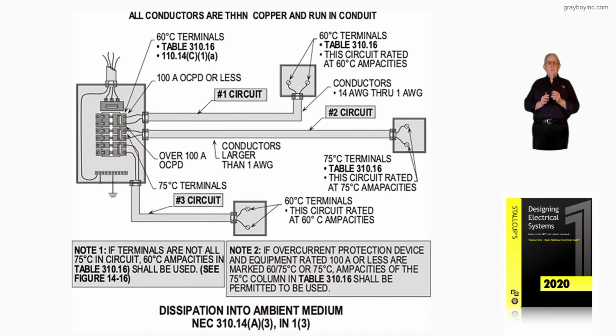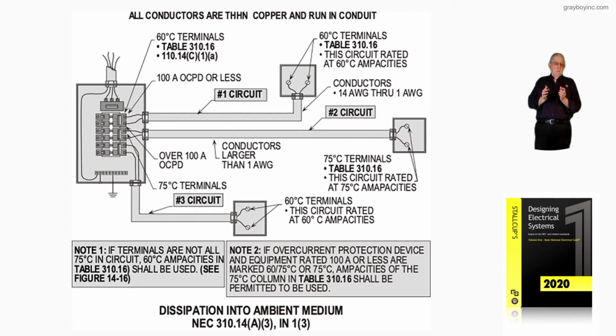Now, when we review 110.14(C)(1)(a), we talk about conductor sizes number 14 through number 1. And why is that? Well, if you review the 60 degree column in Table 310.16, it takes a number 1 conductor to provide 100 amps if you're terminating your conductors to 60 degrees C terminals.